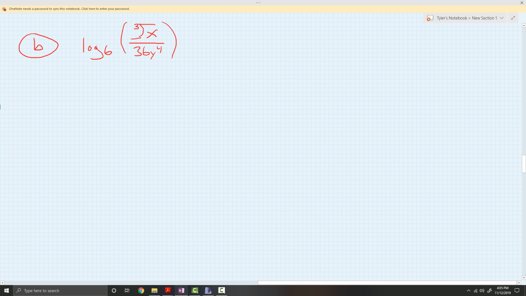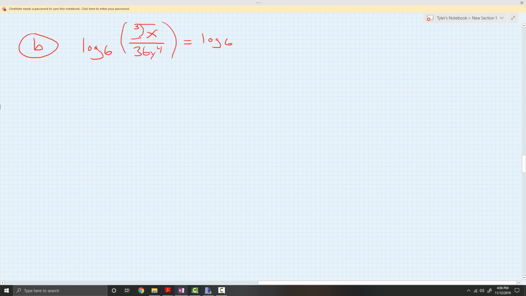Right, good. So thinking about the big picture, what you should notice is this looks like a fraction, right? It's a quotient. I have something divided by something. So that's the first thing I would do to tackle this, is to split this up using that quotient rule. So we do it with a subtraction, a difference.